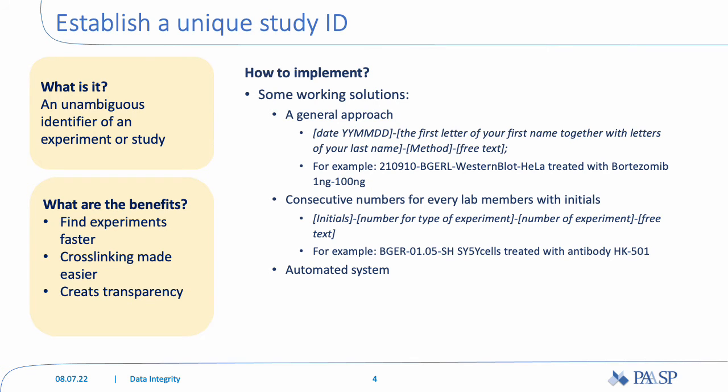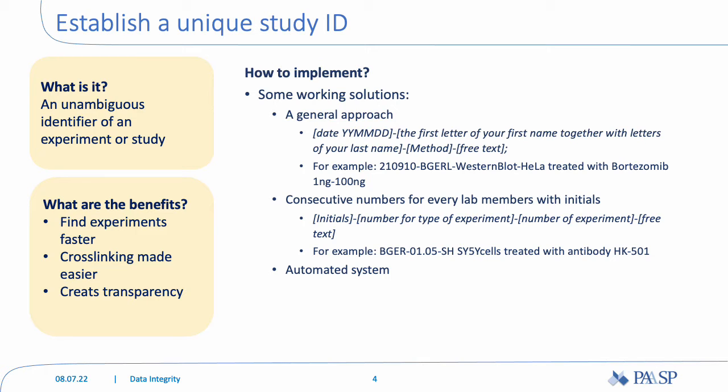In another example, we start with the initials of the researcher. Thereby, the file is directly attributed to the author. Now, an arbitrary numbering system is chosen to code the type of experiment. This is followed by a consecutive numbering system for each experiment carried out by this researcher. At the end of the ID system, there is again a short description of the experiment.